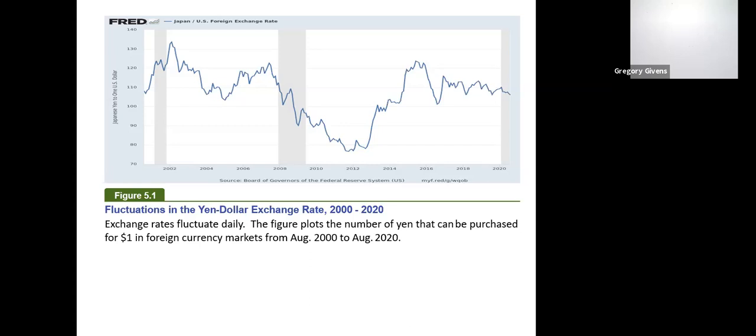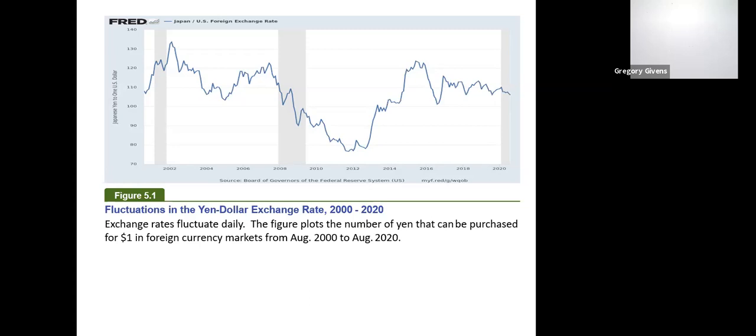What the graph basically shows you then is how many yen swap for $1 US at any point over the last 20 years. And you see that that exchange rate has moved around quite a bit over the past 20 years. Well, in 2000, it was around what, 105 to 110 yen per dollar.